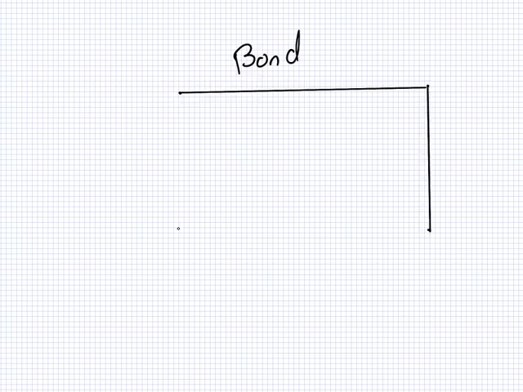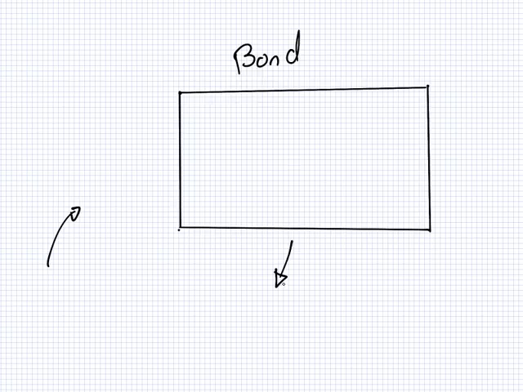A bond is a government investment. What it means is you give money to the government and you buy this bond, and then this bond pays you money every year. So maybe you pay, I don't know, 100 euros, and then every year this pays you 10 euros, and maybe this does it for 12 years.